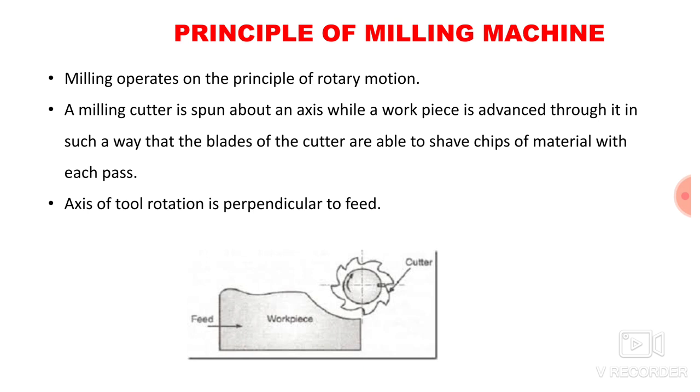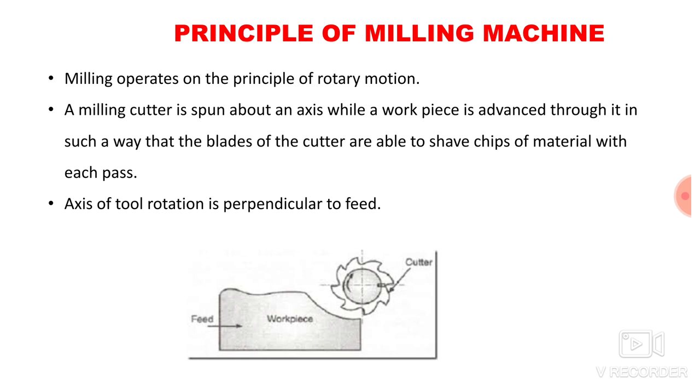So basically in a milling machine, one milling cutter is there which spins about an axis. If you are using a vertical milling machine, that milling cutter will rotate about the vertical axis, and if you are working on a horizontal milling machine, then the milling cutter will rotate about a horizontal axis, and then the workpiece is fed against the rotary motion so that the material gets removed from the surface of the workpiece.